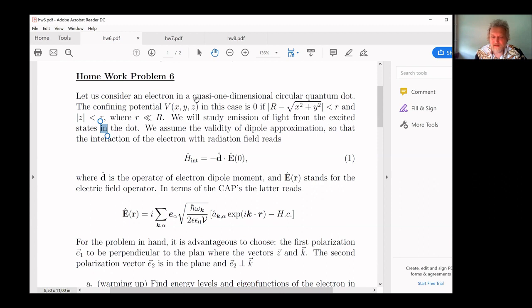So we consider an electron in a quasi one-dimensional circular dot. The confining potential in this case is 0 near some thin radius, and otherwise it is infinite. Right.